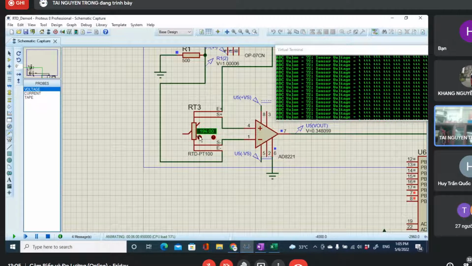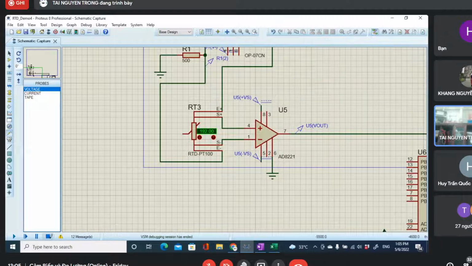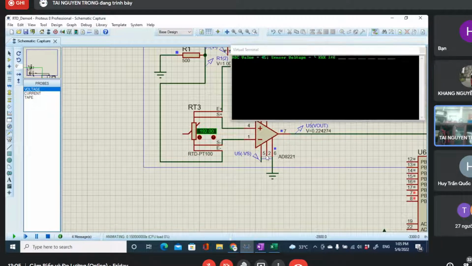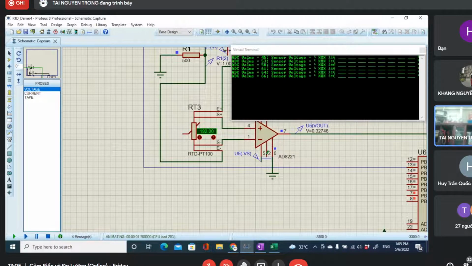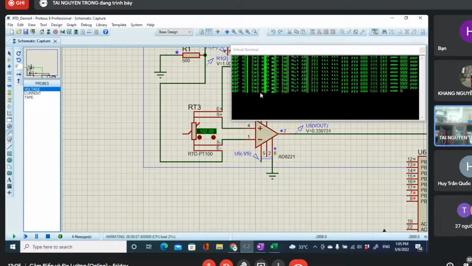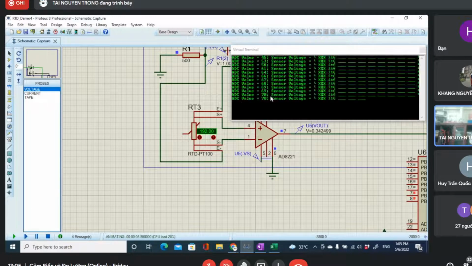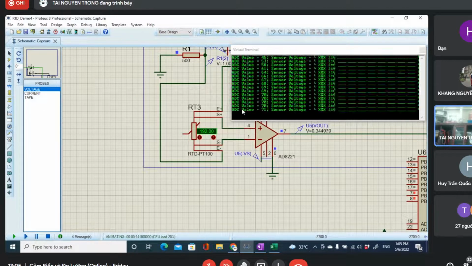Okay, I continue, and as you can see here, the value is not changed. Again, one more. Okay, let's check again. Okay, there's the value of the sensor here. 90, 91.